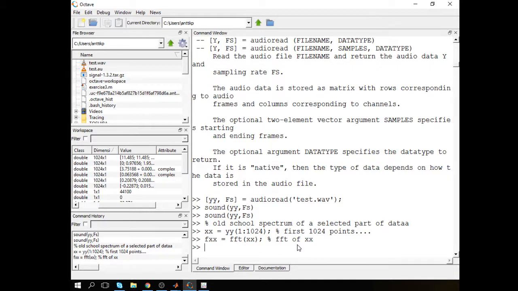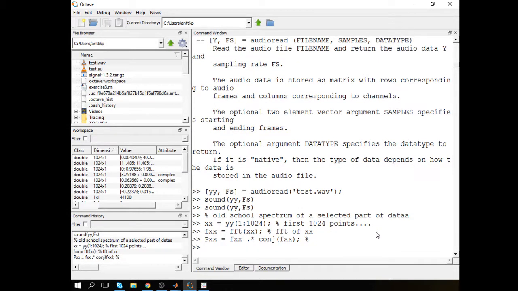So basically the power of signal x would be Fx multiplied by the complex conjugate of Fx, or the absolute value to the power of 2. But this is old school by definition. Okay, so that's the power spectrum in linear scale.